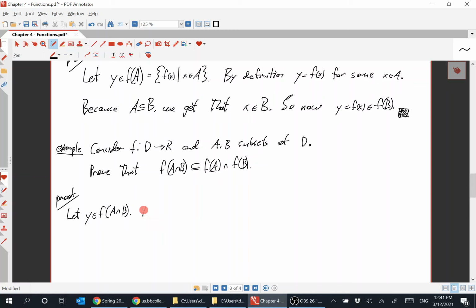So therefore, by definition, what? Let us write out what this is. The image of A intersection B. It's the set of all what?